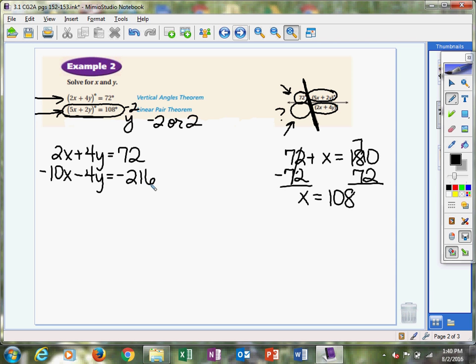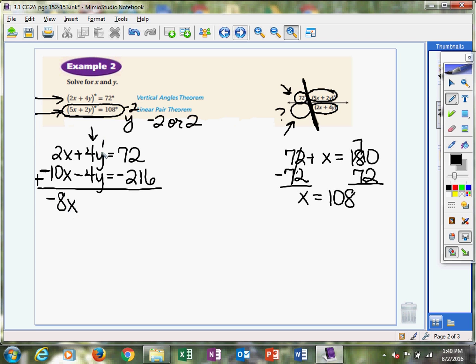Yep. All right. So now what I want to do, because I have opposite numbers in front of my y's, I'm going to add these two equations together. Now this sign in front of my 10x is the sign of 10x. It's negative 10x. That doesn't mean that's what I do to the whole equation. I don't subtract the whole thing. That's just the sign of that particular term. So what I want to do is add the two equations together. 2 plus negative 10, that's negative 8.